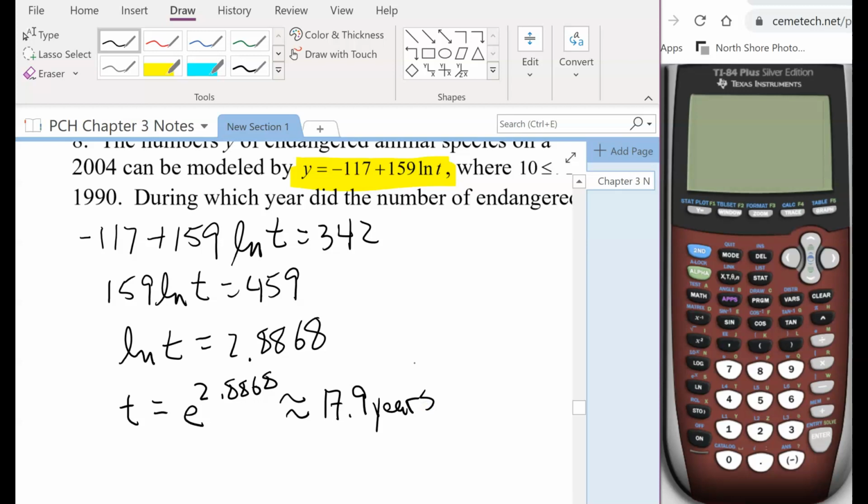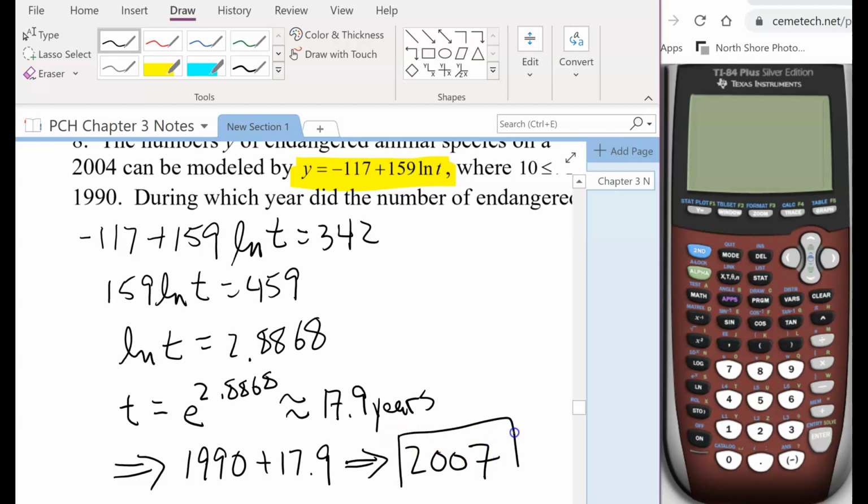So during which year did the number of endangered animal species reach 342? So this tells us it's going to be 1990 plus 17.9 years, which makes it 2007. Alright, so go back and always make sure that you're answering the question.